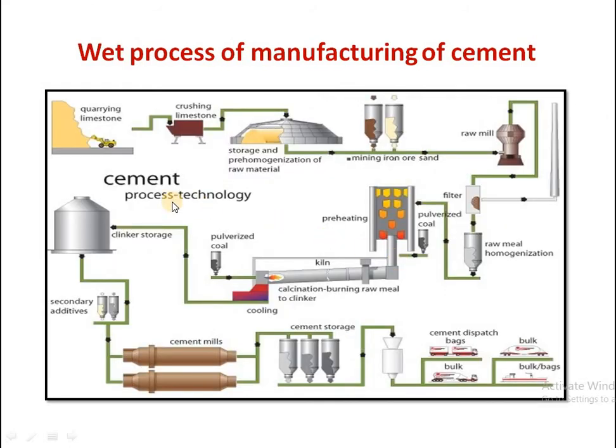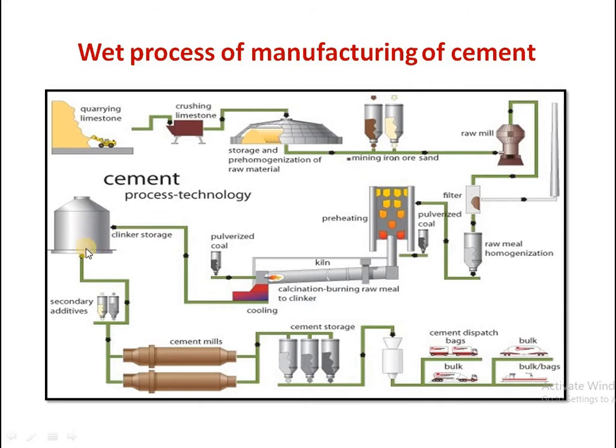So let us know about the wet process of manufacturing of cement. Here also almost the same flow is maintained. Quarrying is there, after that crushing, then we mix it together, after mixing preheating is there, then burning in a kiln at a high temperature, and that burning will give us clinker which can be stored.